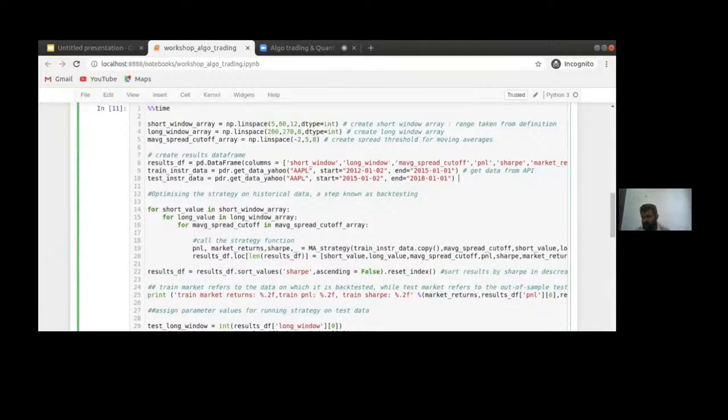Like, if I have to present this strategy to someone and ask him for money, then he would wish to know what my Sharpe is, what my PNL is, what my drawdown is. So this is the use of this.